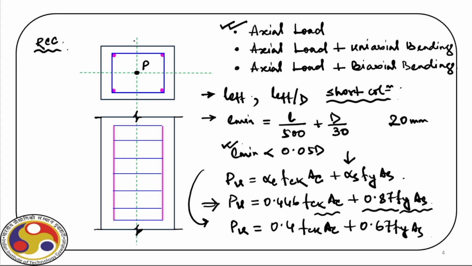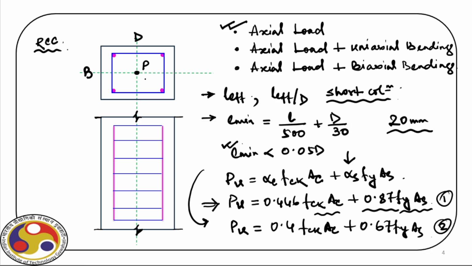For a design problem, we start with, say, D and B, and then first we provide the minimum eccentricity, and for that we check this condition, and make sure which formula out of these two possibilities, equation number 1 or equation number 2, we are going to use, and accordingly we find the capacity.